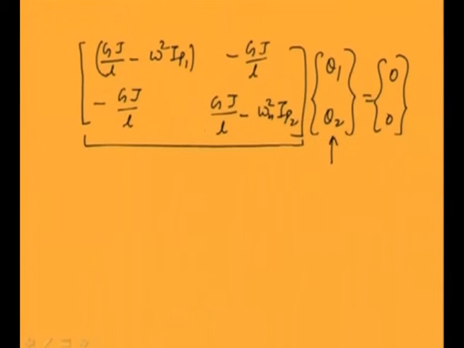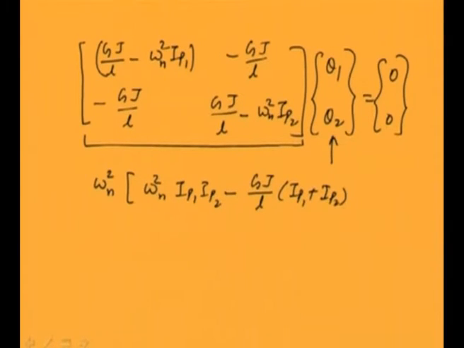If we put this determinant as 0, we will get a polynomial in terms of omega n, and if we solve it, you will get this form, IP1 plus IP2.